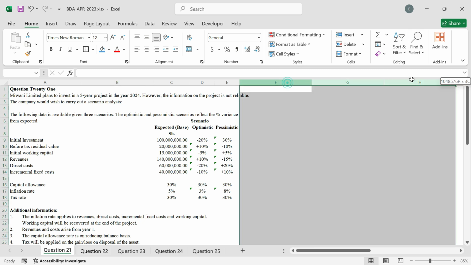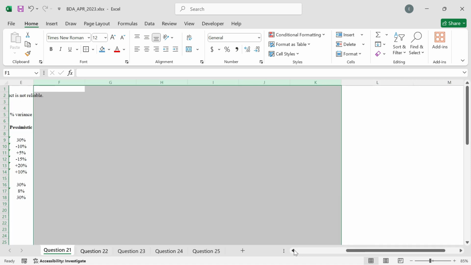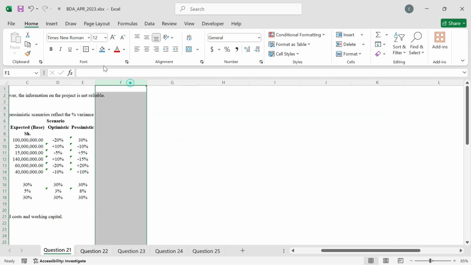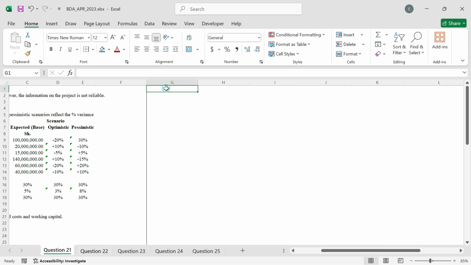So maybe the first thing we can do is to capture my values as actual values instead of variances. Call this my answer.